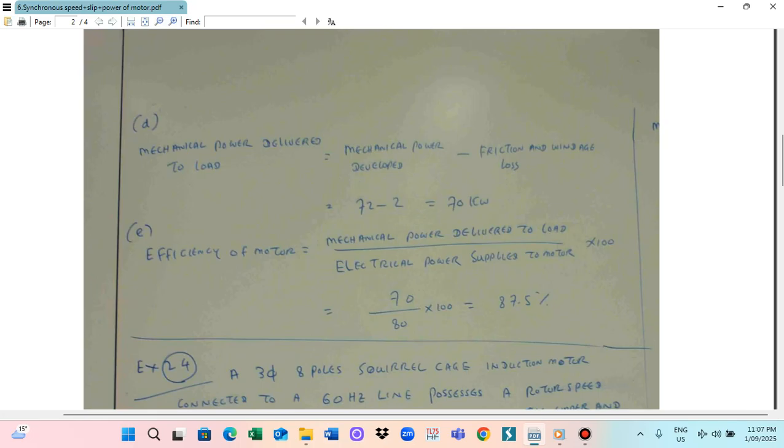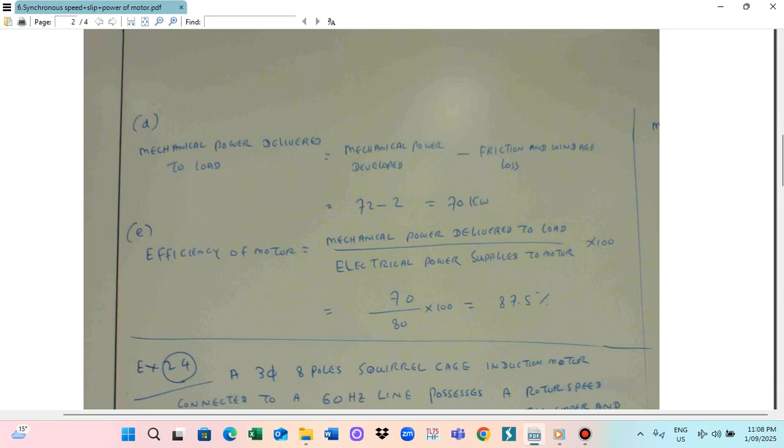So the mechanical power delivered to the load is the mechanical power developed minus the friction windage loss.